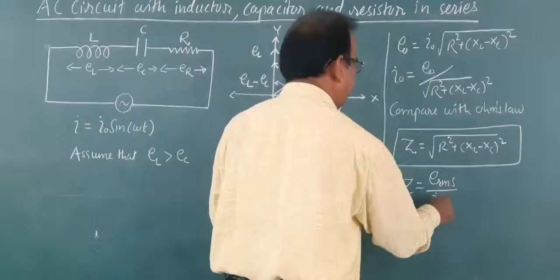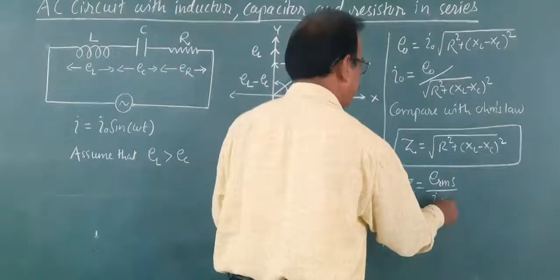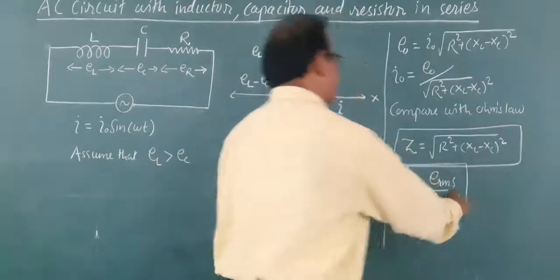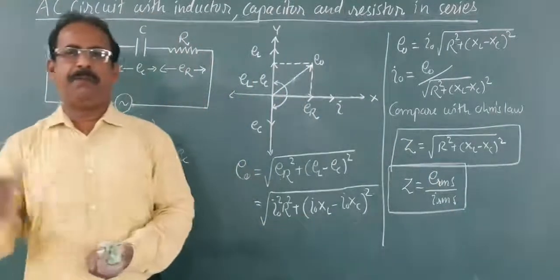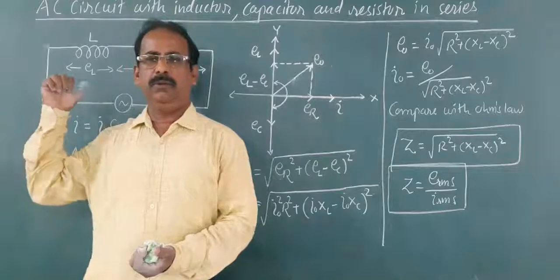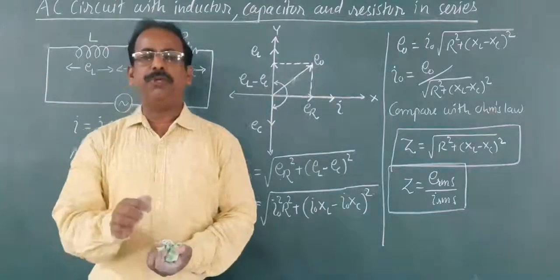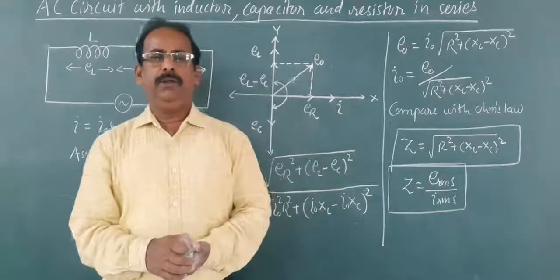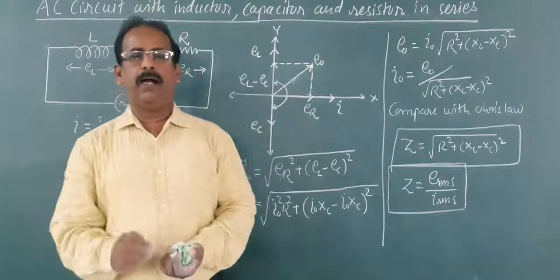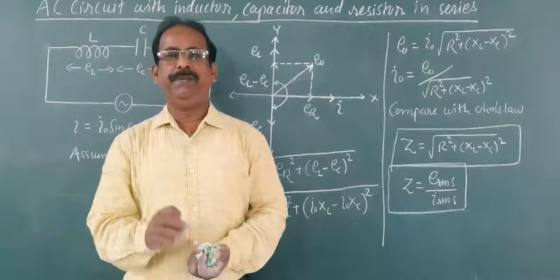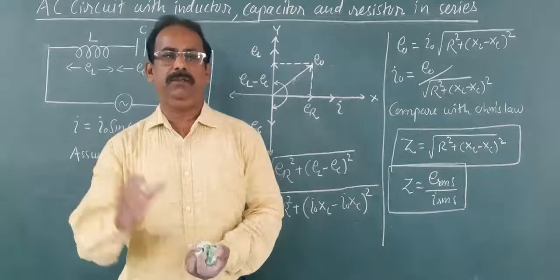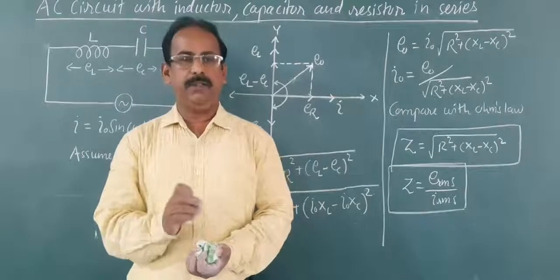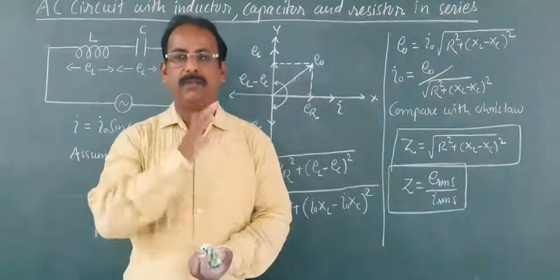Another definition for Z is the ratio of root mean square value of EMF in this circuit to root mean square value of current in the same circuit. E RMS upon I RMS always gives us the impedance of that circuit.